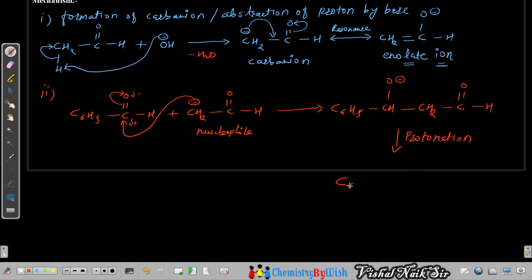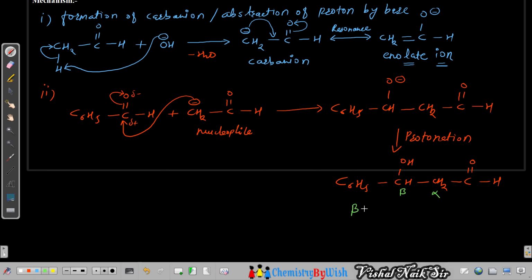So we get a product C6H5 CH OH CH2 C double bond O and H. This compound is called a beta hydroxy aldehyde.